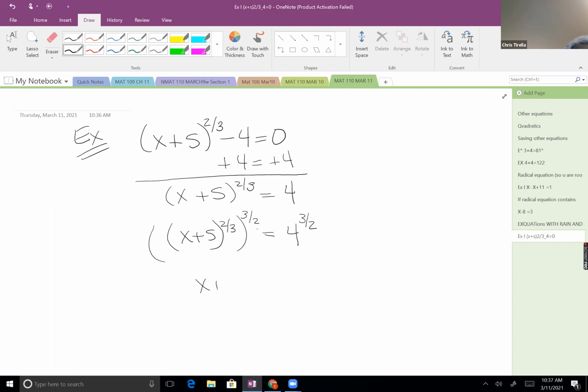So this just leaves me with x plus 5 equals, well, on the right-hand side, that 4 to the 3/2, it's a fraction, so I'm making a radical. I'm taking the square root of 4 and cubing it. The square root of 4 is 2, to the 3rd is 8. And so now when I solve, I'll subtract 5 from both sides and get x equals 3.